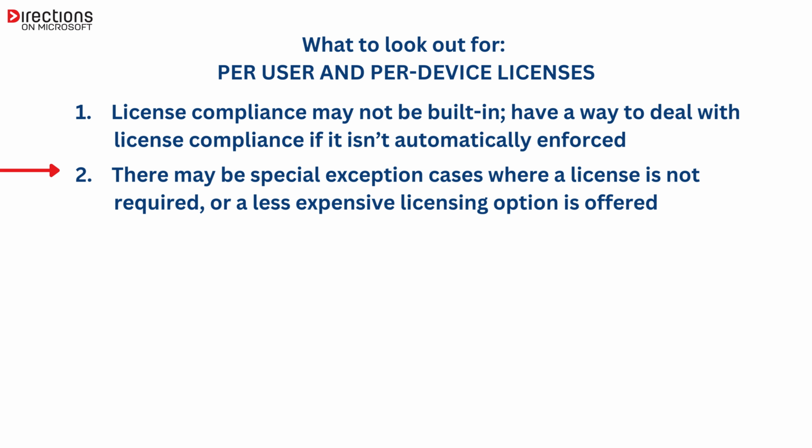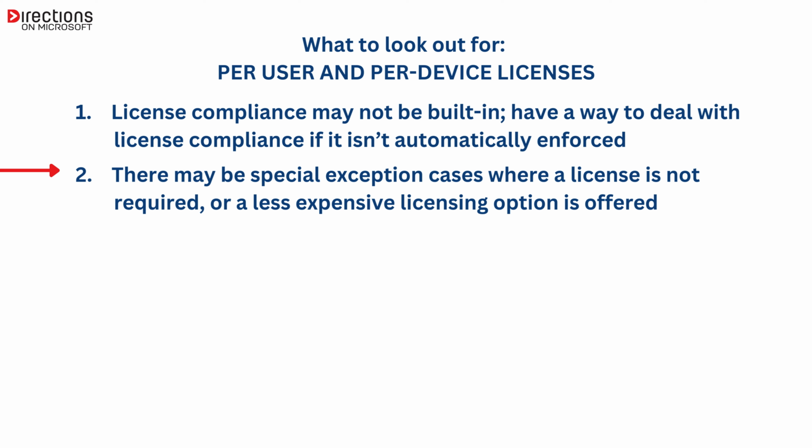The second thing you need to look out for with per user and per device licensing is special exception cases. Sometimes there are circumstances when use of a Microsoft product is free, in other words, doesn't require a user or device license. Sometimes there are situations where use can be covered using an alternative, lower cost license type.